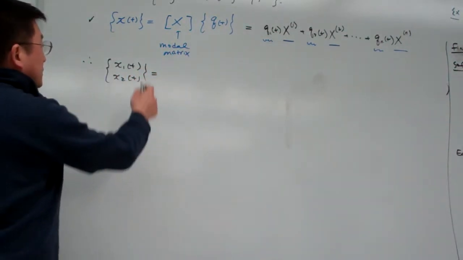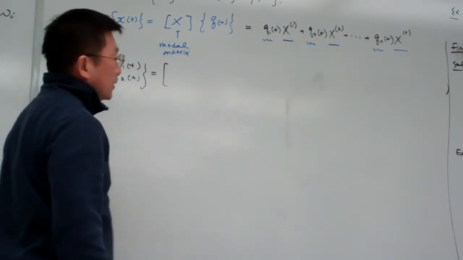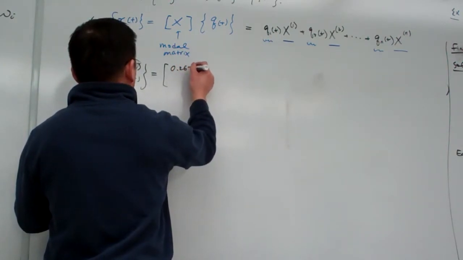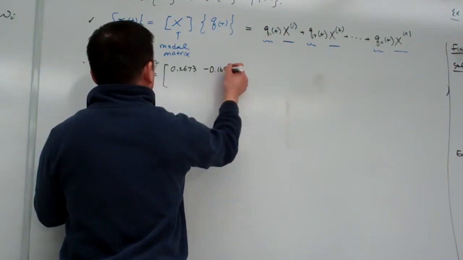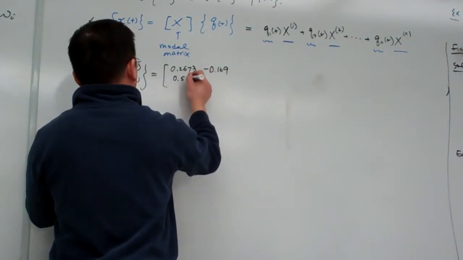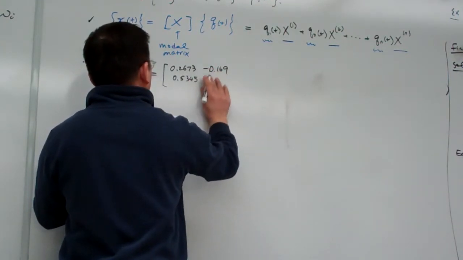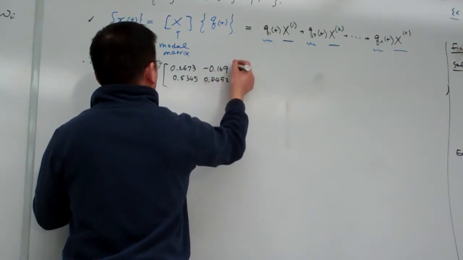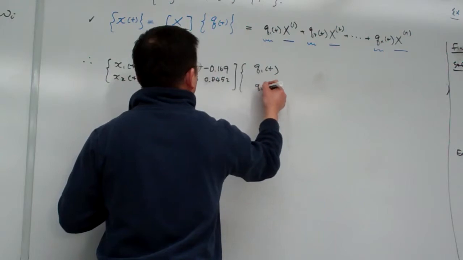Again, we utilize this information, that is the modal matrix. What is our modal matrix? Let me copy that one here again. So that is 0.2673, minus 0.169, times Q1, Q2.